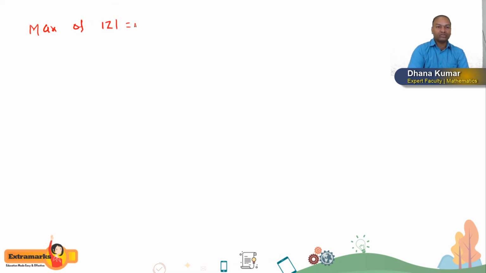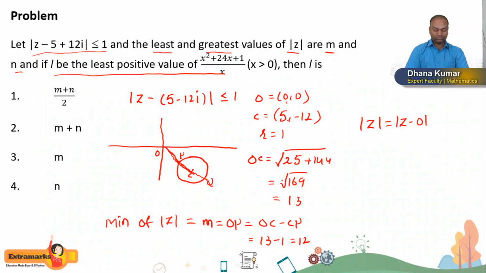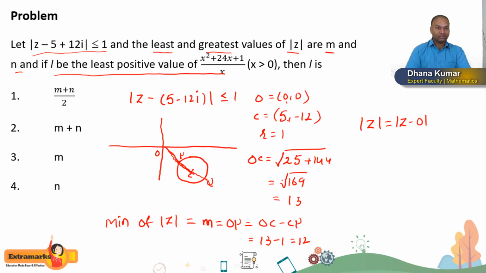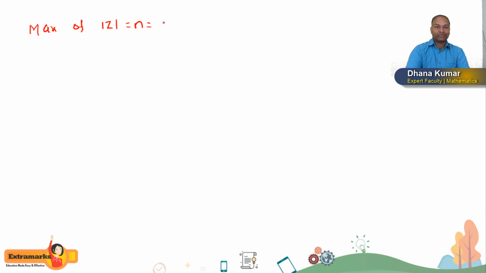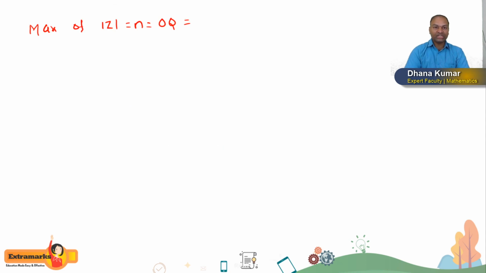Next, the maximum of mod Z, which is N. From the diagram, the maximum is OQ length. Using the diagram, OQ is equal to OC length plus CQ length.